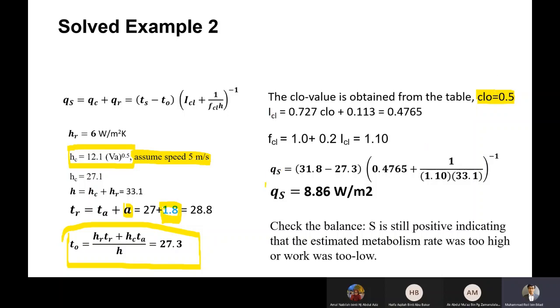You key it into the equation and find the energy loss due to convection and radiation. You still have a positive value. It might be the same as before: the metabolism rate was too high, or the work was too low, or some of the energy is still stored in the activities.